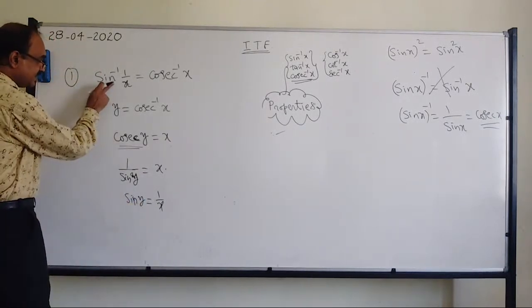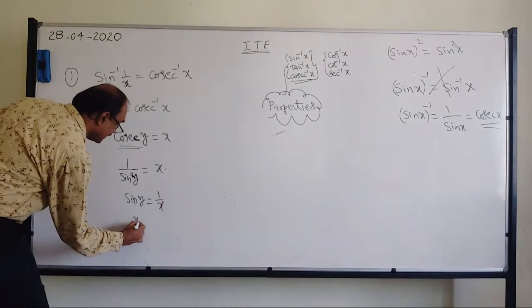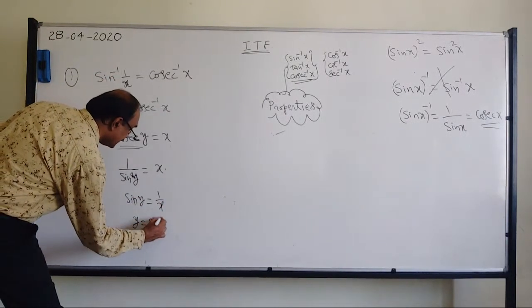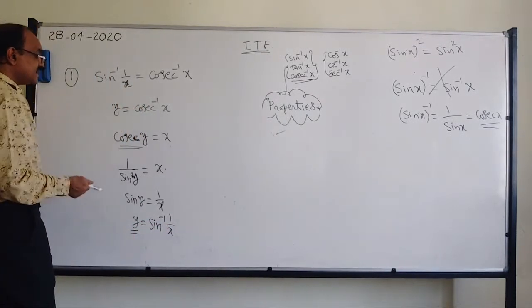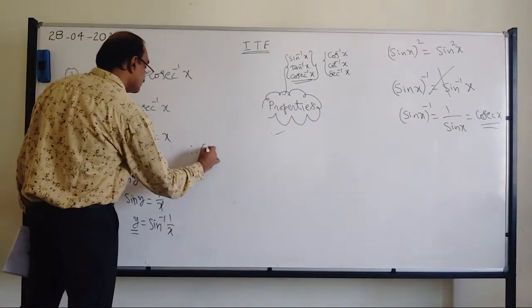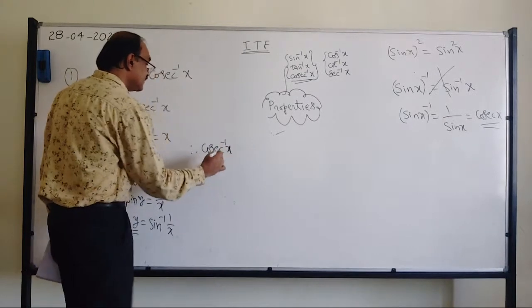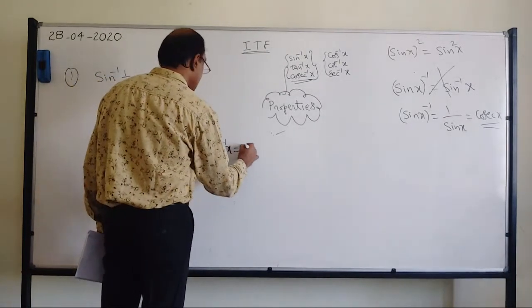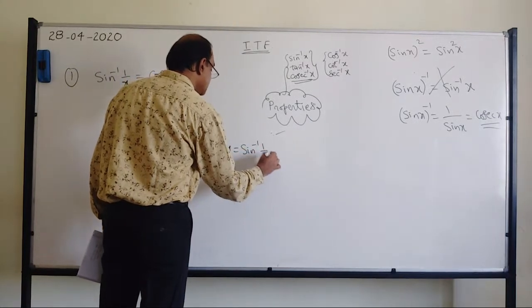You wanted sin inverse 1 by x. So y equals sin inverse of 1 by x. What is y? You started with y as cosecant inverse x. Therefore, cosecant inverse x is equal to sin inverse of 1 by x.